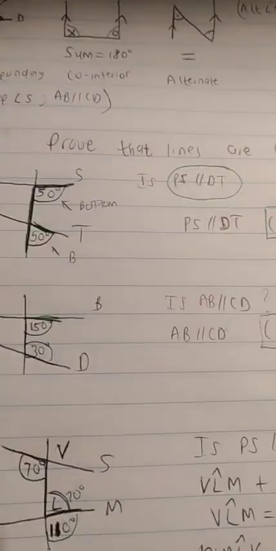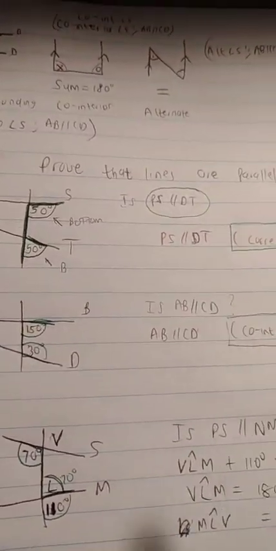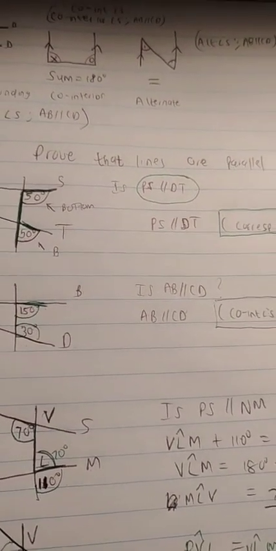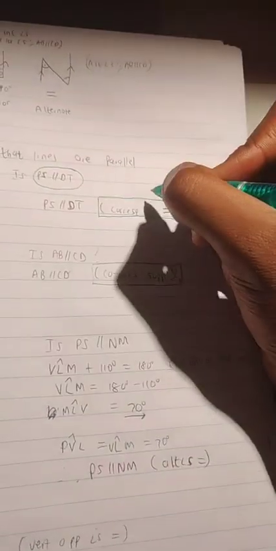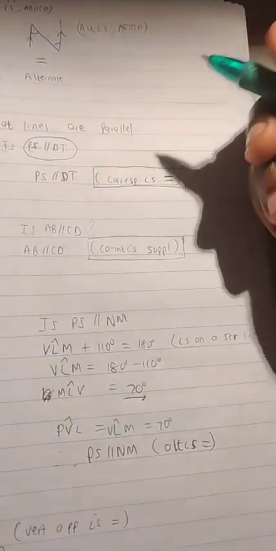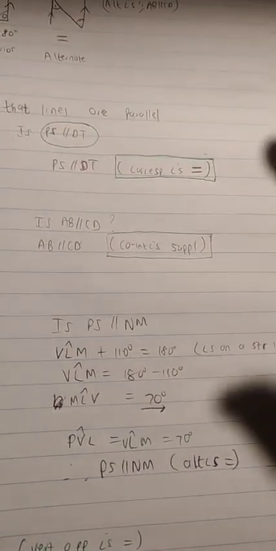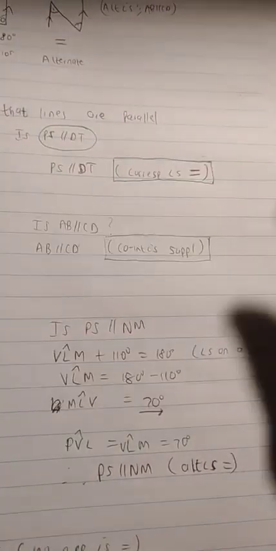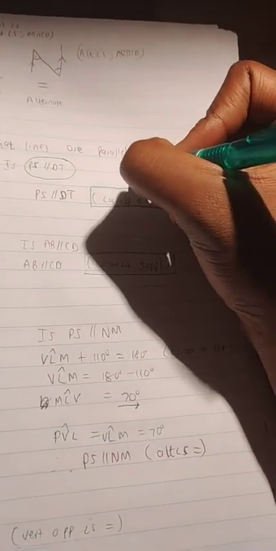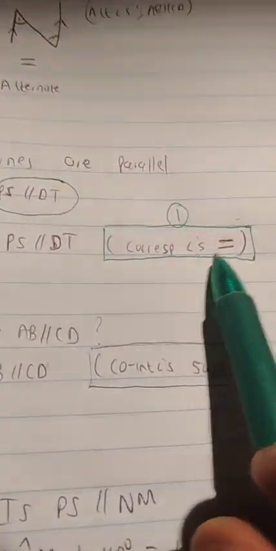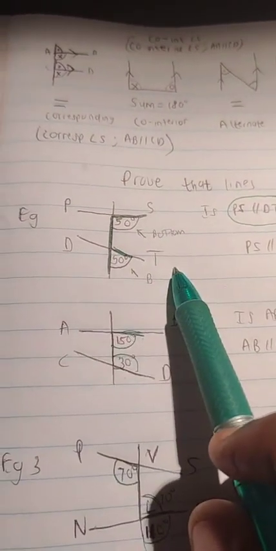I need you guys to lock into this: whenever you are required in a question paper or an exercise to prove that lines are parallel, you have three ways that you can look at the question and try to answer it. One, you can look for corresponding angles that are equal. If you find them, you can conclude that the lines are parallel.